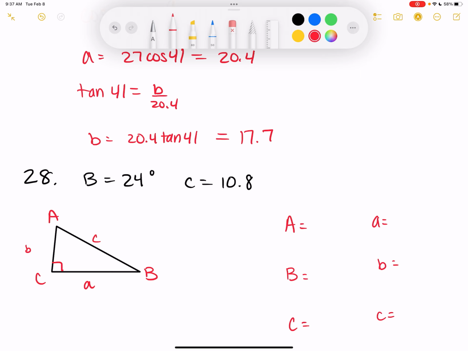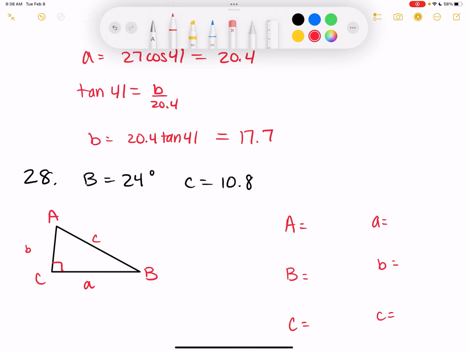24 plus. You know, I don't want to do this. 66. I believe that's right. What do we do? I hate everything that has to do with cosine, sine, tangent. Angle A equals 66.